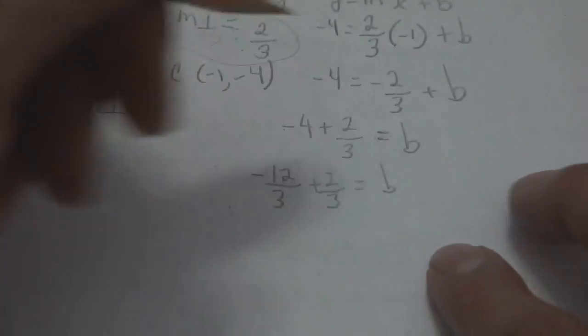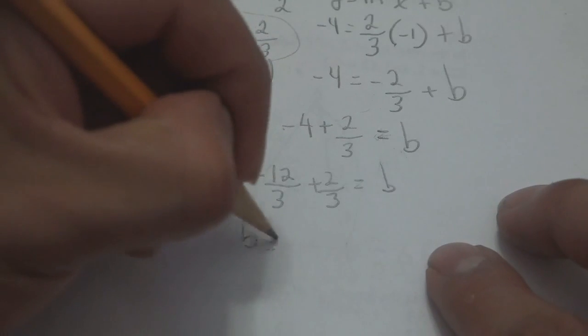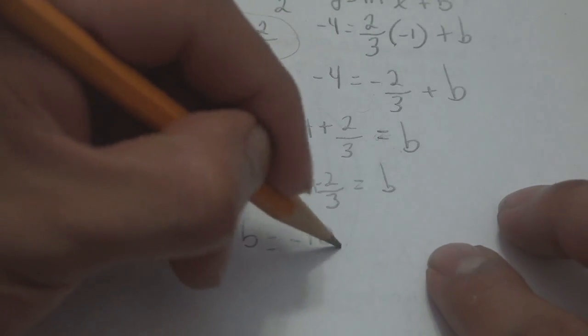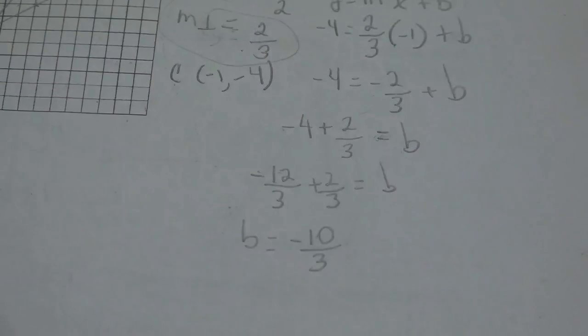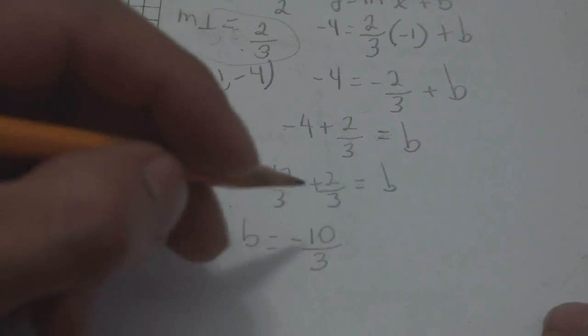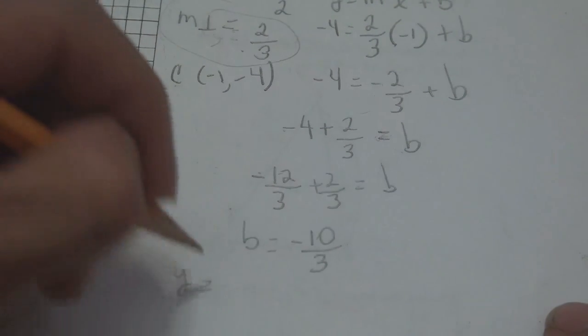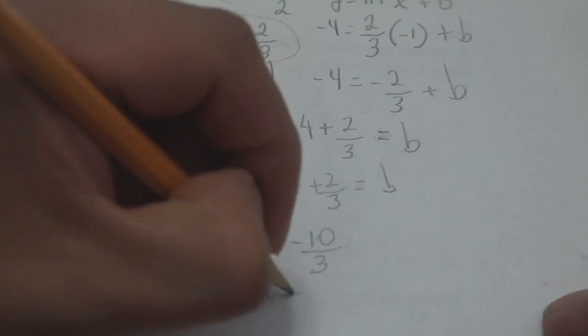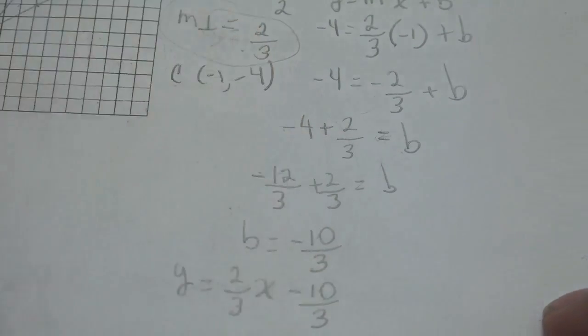So b becomes -12 plus 2, which is -10, so b is -10 over 3. So my equation would be y equals the perpendicular slope 2 over 3x minus 10 over 3.